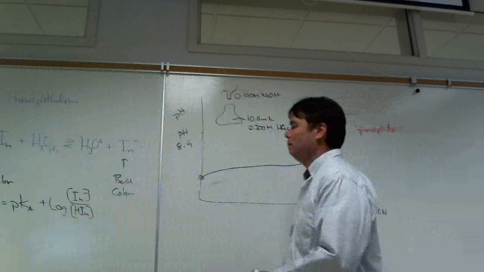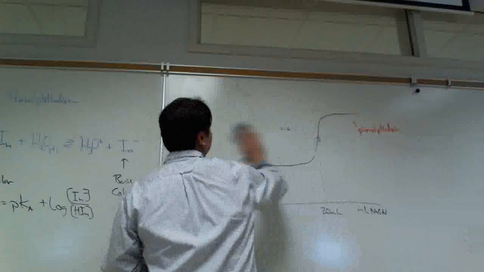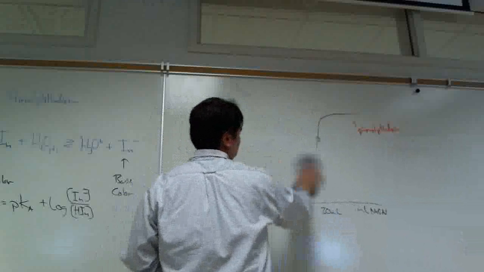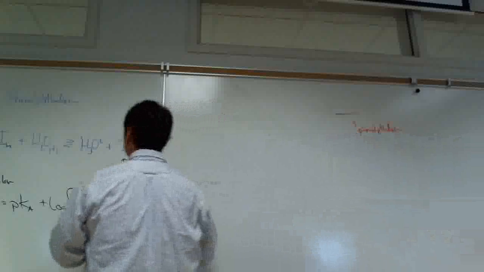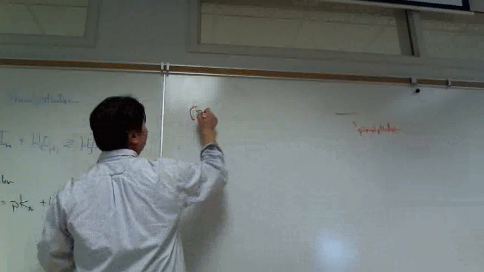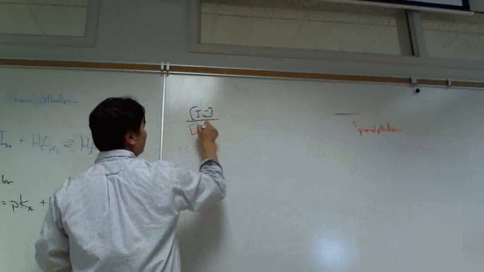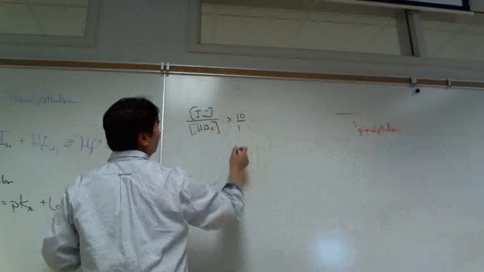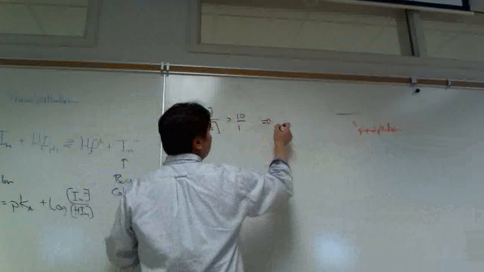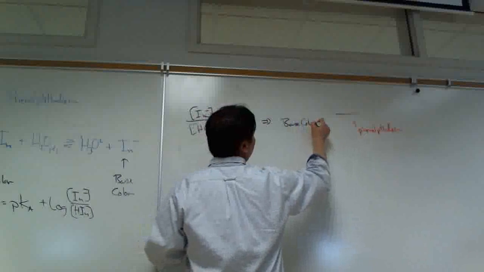So, let me erase this here. So, what we say is this. If the base to acid ratio is greater than 10 to 1, then the solution has the base color. In other words, the base color dominates.